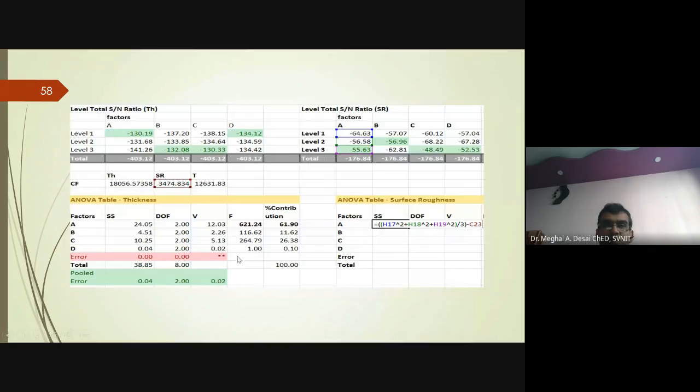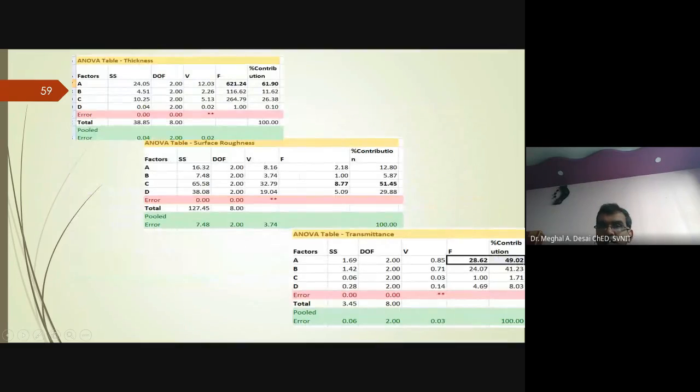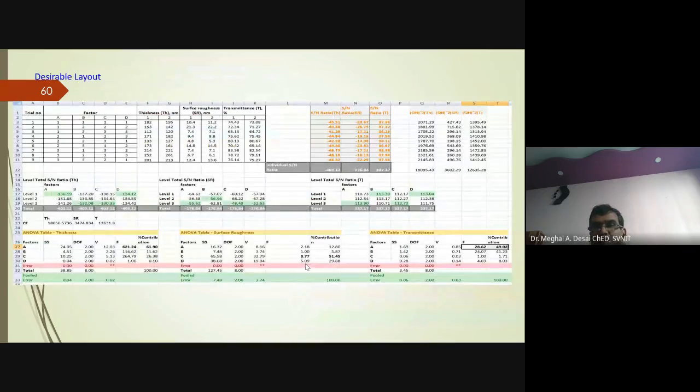Similarly, you can go for the surface roughness, same formula, same way, and you can check that in case of surface roughness, it is factor C which is having the highest impact, while in case of transmittance, again it is factor A which is having the highest impact. So when you go for all the tasks, this will be the layout that you will have for each response: thickness, surface roughness, transmittance.